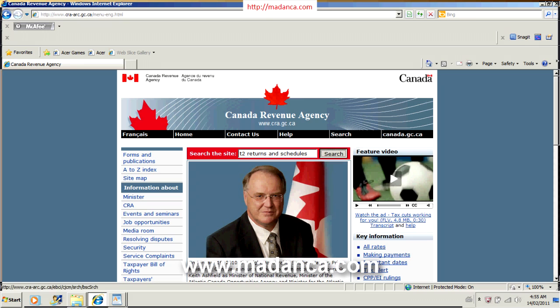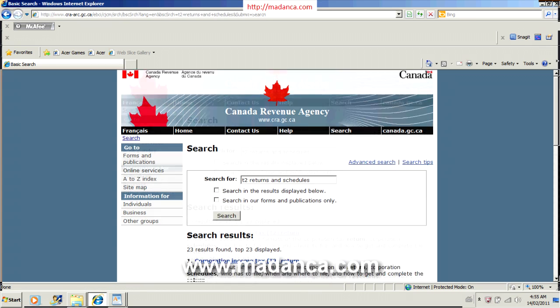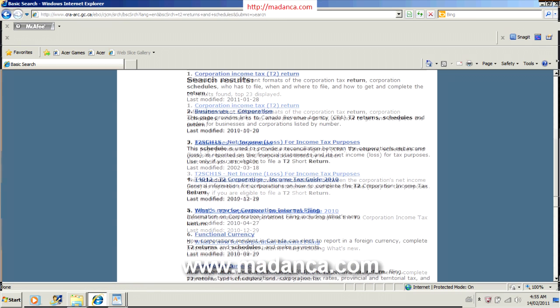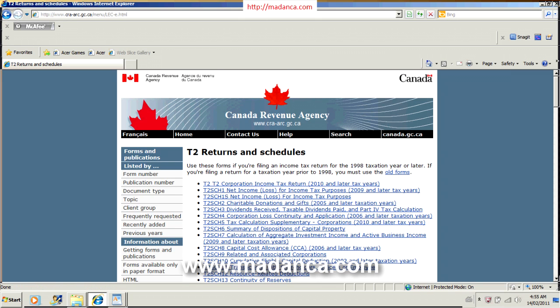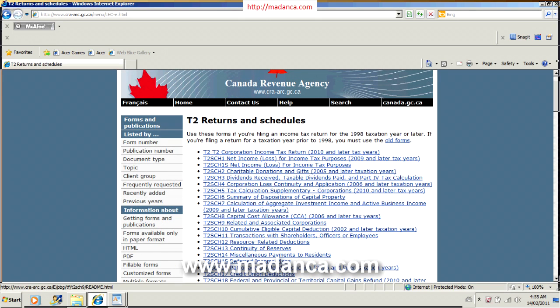I'll hit the search button. The eighth link under the search results is T2 Returns and Schedules. It provides a listing of all of the schedules that you could ever possibly need for the preparation of a company tax return. In reality, you only need a few of these schedules, so pick and choose the ones that you require.